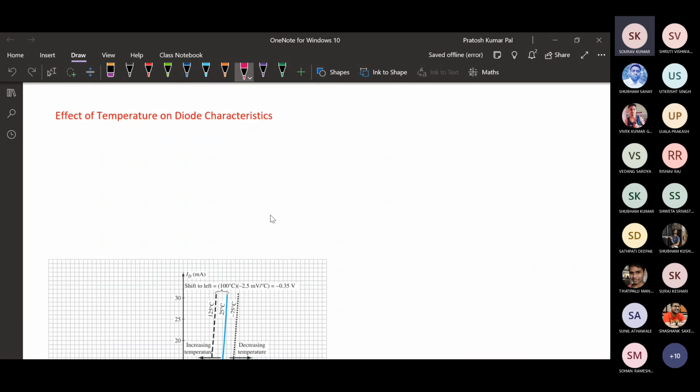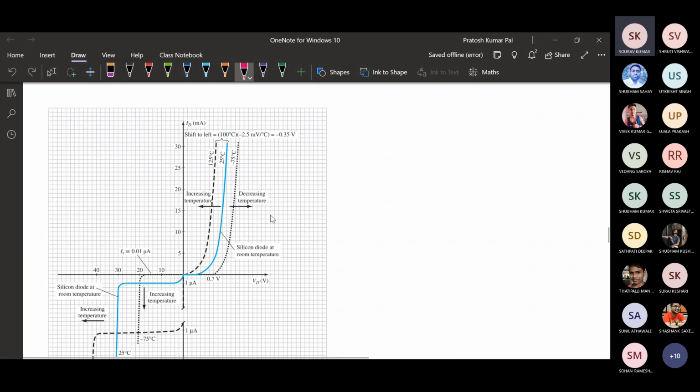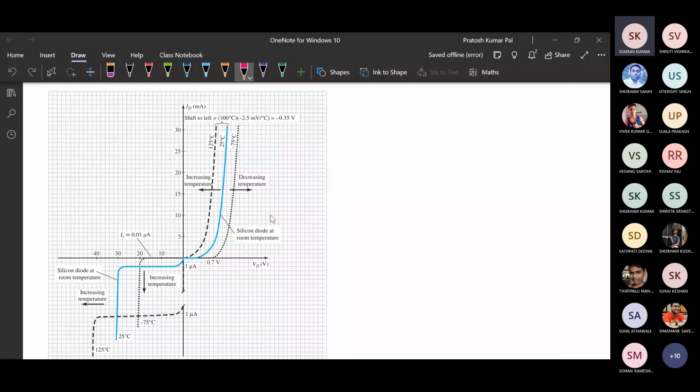Once we see these VI characteristics, we can see in the forward bias, once we apply positive diode voltage, we get initially zero current.